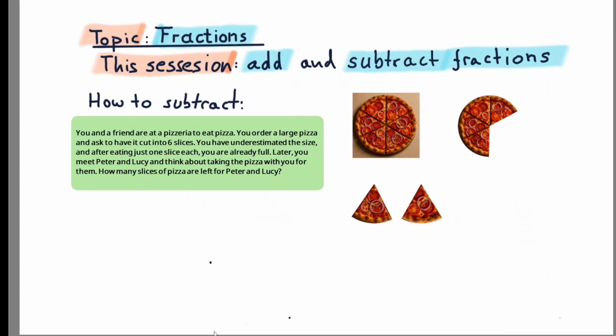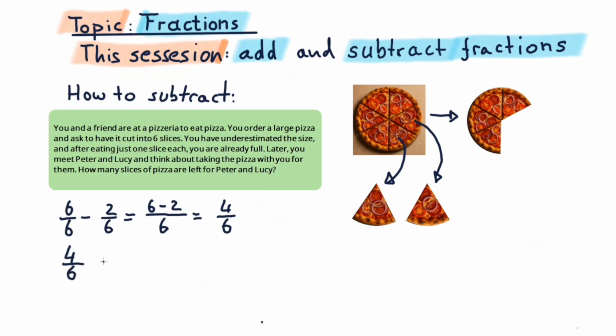Let's calculate. You ate 2 slices. That means we write 6 minus 2 equals 6 minus 2 over 6, and we get the result 4/6. To share fairly, we need to split the 4/6 between 2 people. The easiest way would be division, but we'll cover that later.